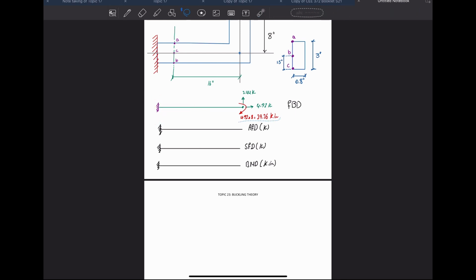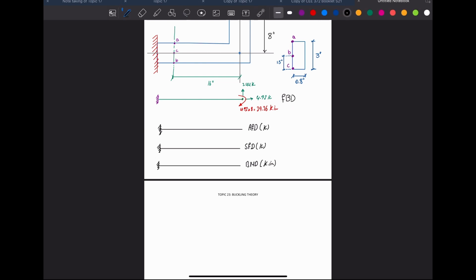So I will do the easiest way. Of course, not the easiest way. The easiest way is to start from the free end here. But if you're confused, let's get the reactions. So at the fixation here, I do have 3 unknowns. I do have x, y, and then I do have a bending moment.